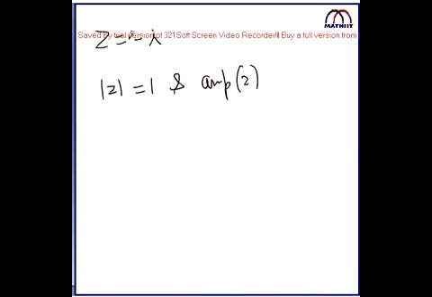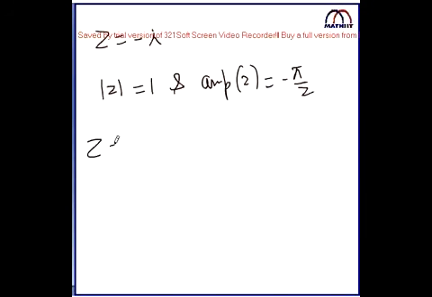Suppose I said z equal to minus i. Tell me, mod z, no effect at all, we'll say 1. And amplitude of z: this is (0, minus 1), on the negative y-axis, so the value will be minus pi by 2.